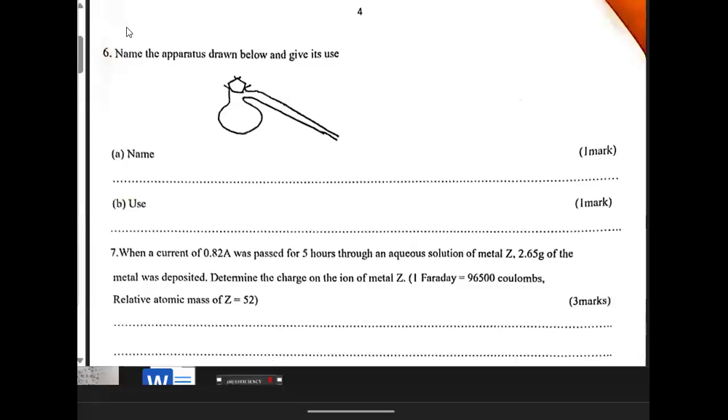And if you look at those equations that we have written, the first one, we learned it when we were learning how to make nitric 5 acid in the laboratory, reacting a nitrate with an acid.